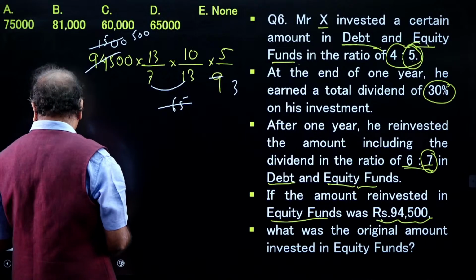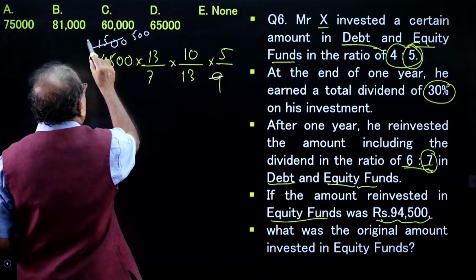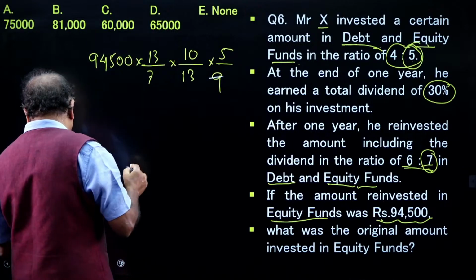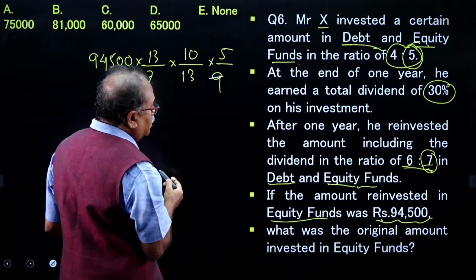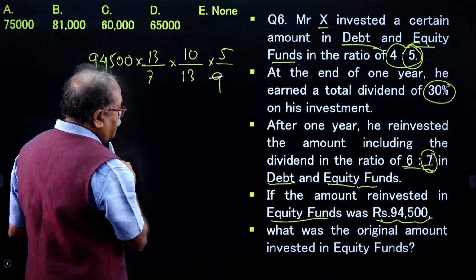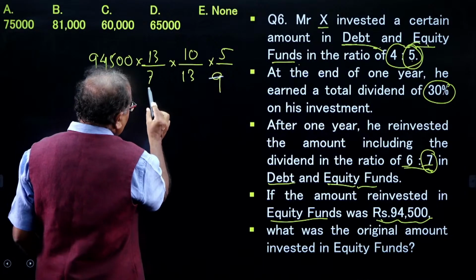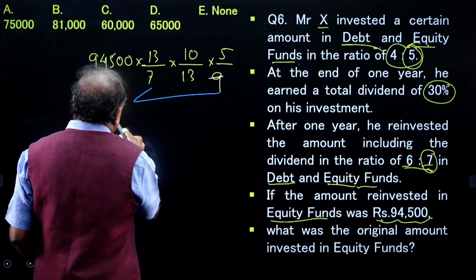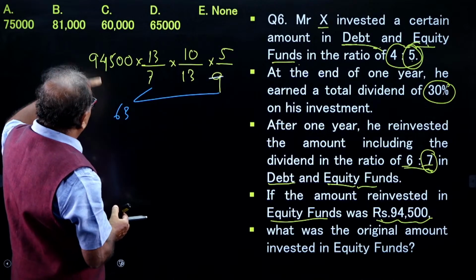No, some cancellation has gone wrong, because I should get a round figure over here. Let me do the calculation once again. With 9 7 is 63, and with this 63 it goes 15 times.